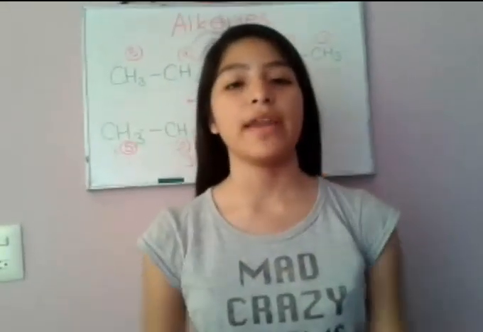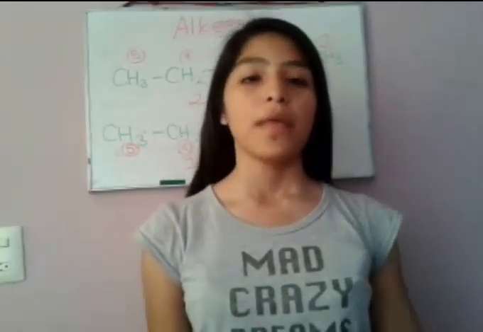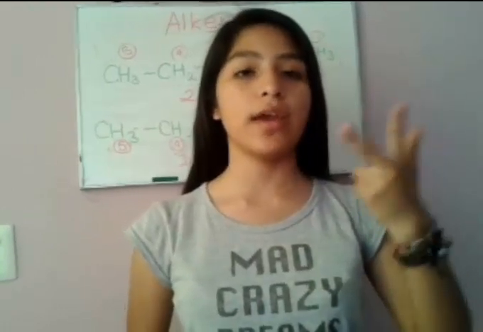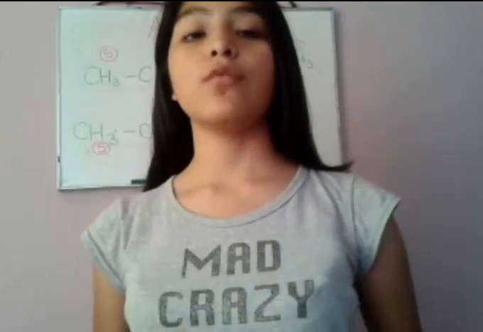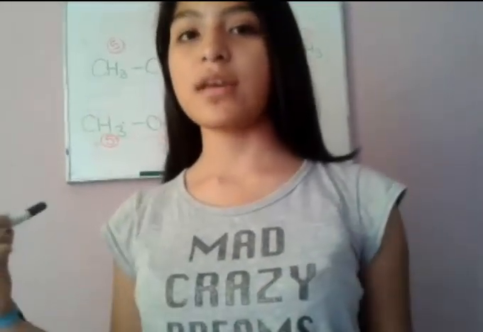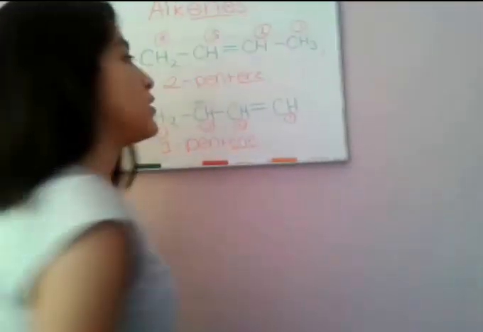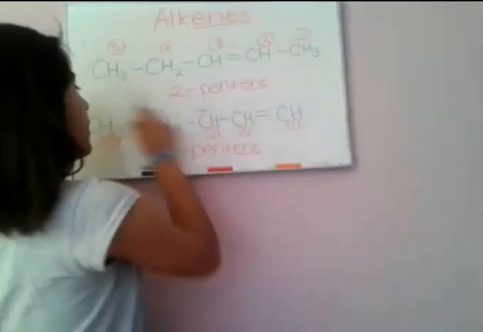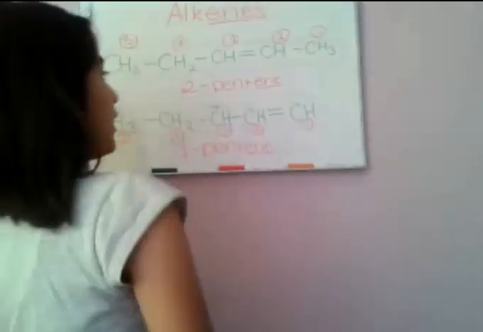My name is Marisol, and in this case we want to talk about the alkenes group. The alkenes group is a type of hydrocarbon that has a double bond in the chain. The way in which we name this type of hydrocarbon is different because the rules change. The first thing we do is circle the parent chain, which is the longest chain.